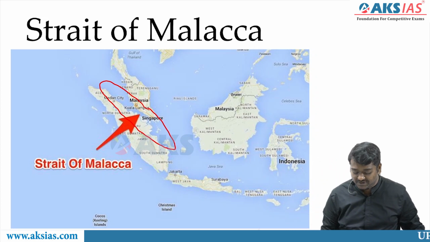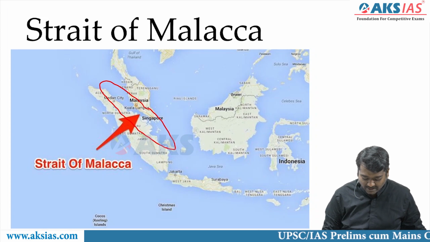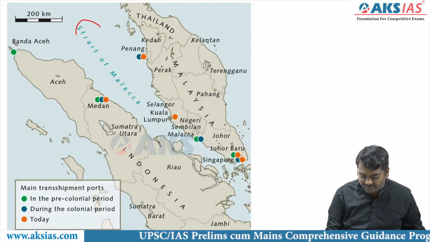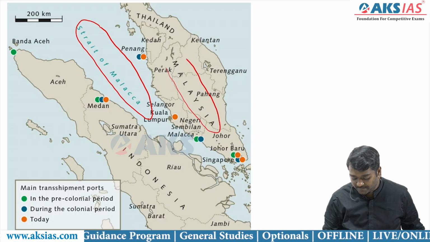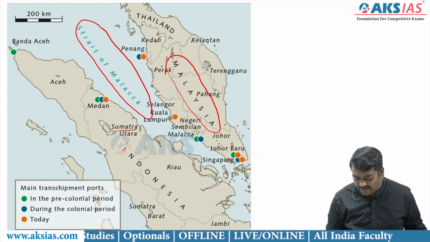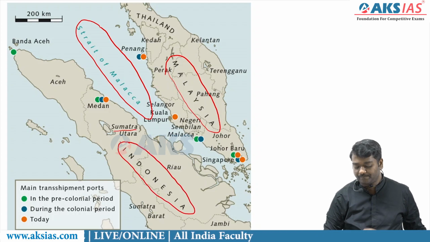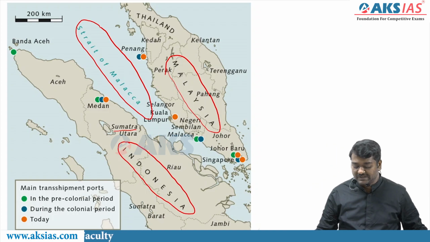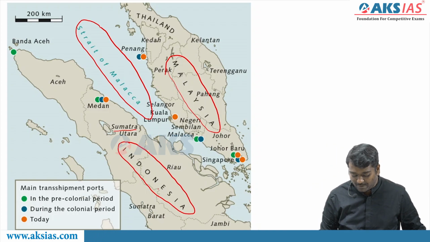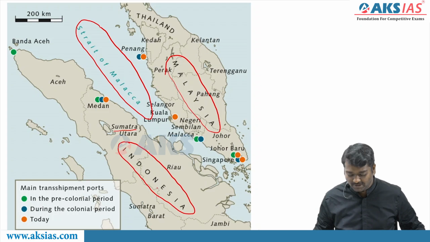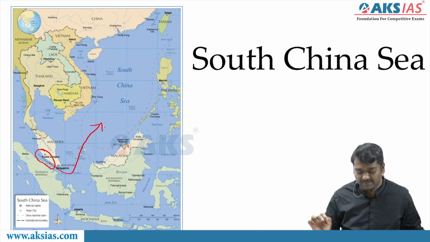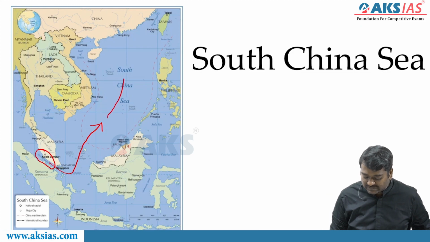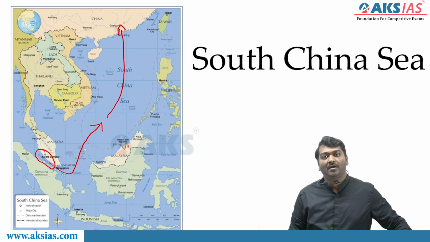For prelims, the Strait of Malacca is present between Malaysia and Sumatra Island of Indonesia. Once you come out of the Strait of Malacca, you will enter into the South China Sea. Can you see here? From the South China Sea, you will go to China.